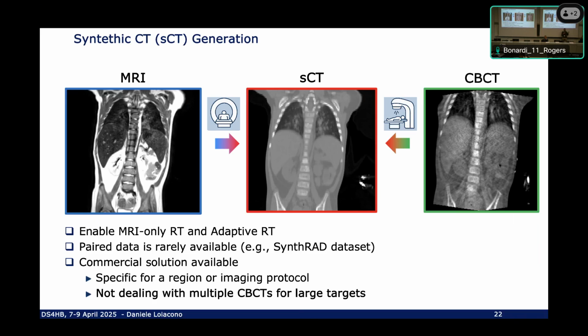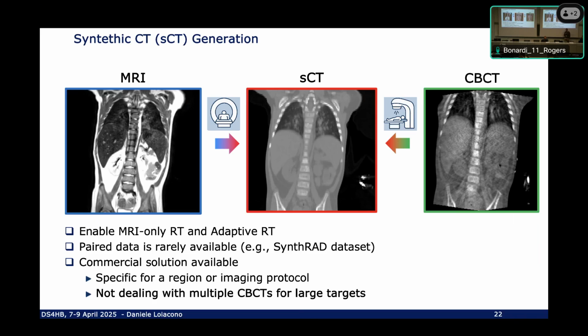In the imaging step, you typically would like to acquire an MRI, but you need to combine it with a CT. And also in the delivery step, you acquire a cone-beam CT, and you want to again compare the imaging with the original planning CT.